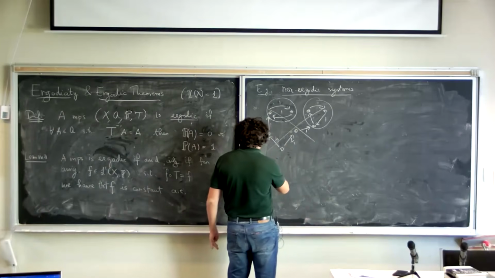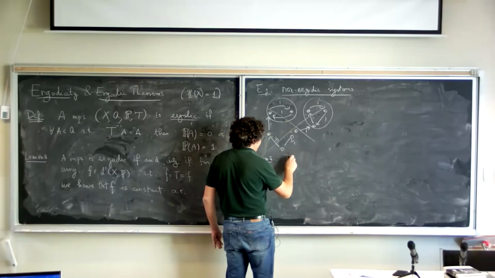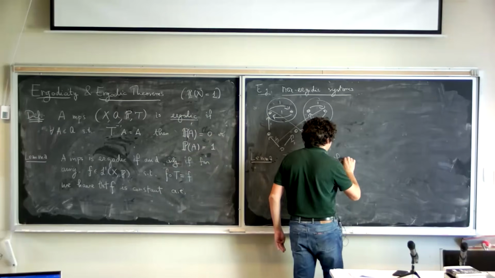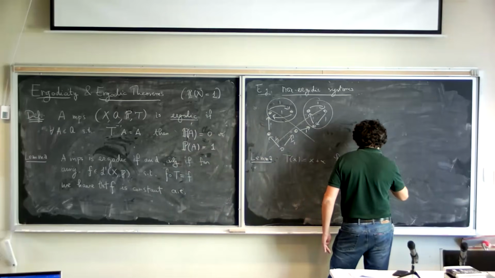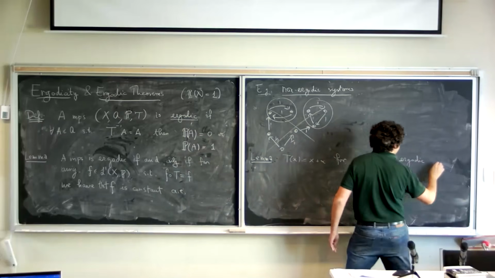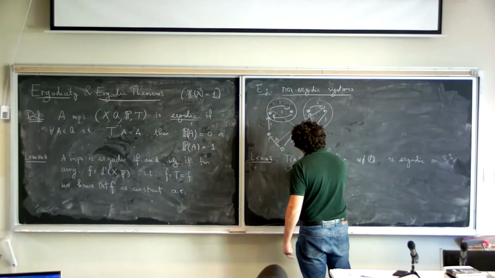I guess the most famous example in this setting is that the map T of x equals x plus alpha, for alpha irrational, is ergodic on S1 with the Lebesgue measure.